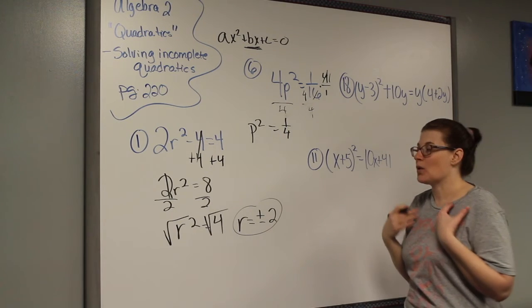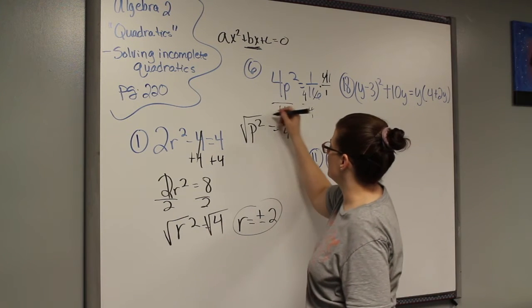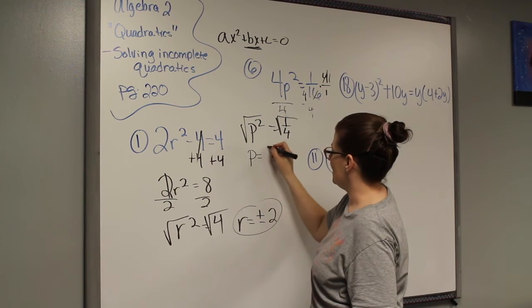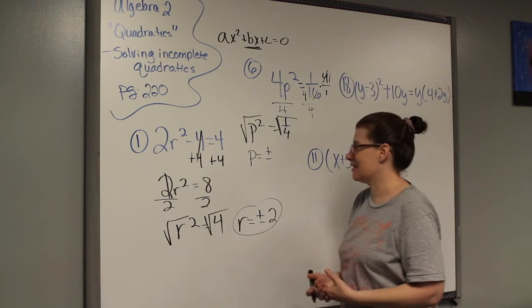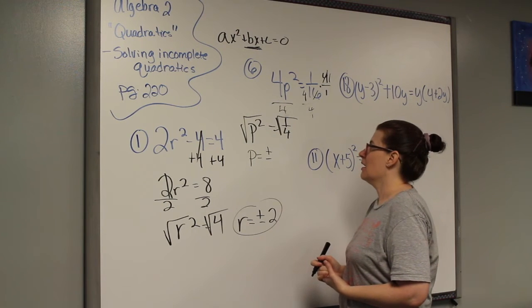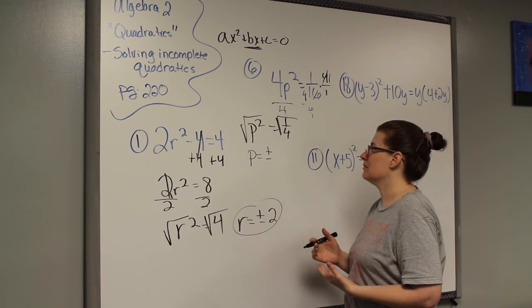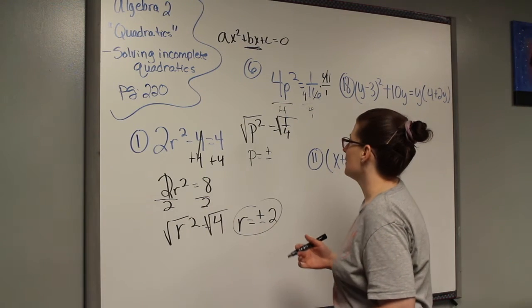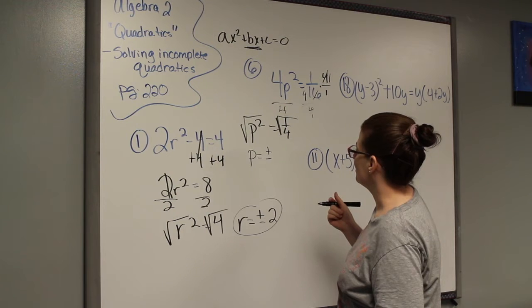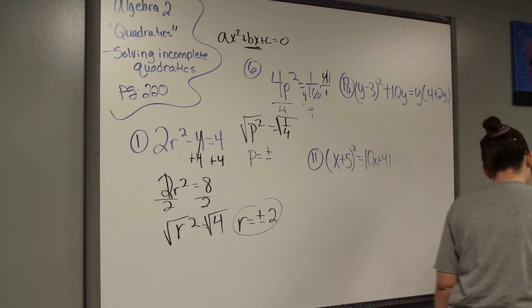Now we've got to take the square root of both sides, and the square root of p squared will be p. We're going to have a plus or minus. Now the square root of 1/4 is going to be 1/8, I think. I gotta check.